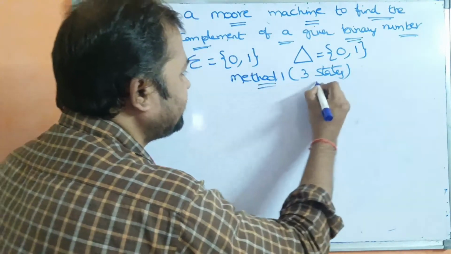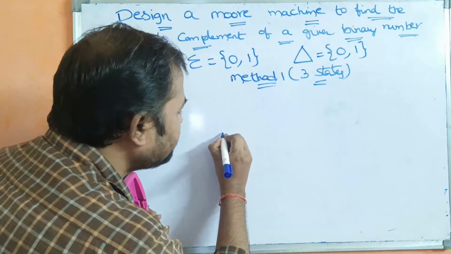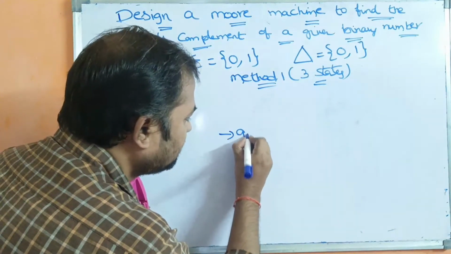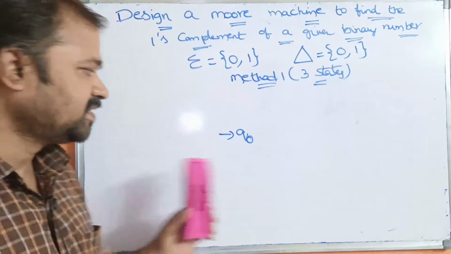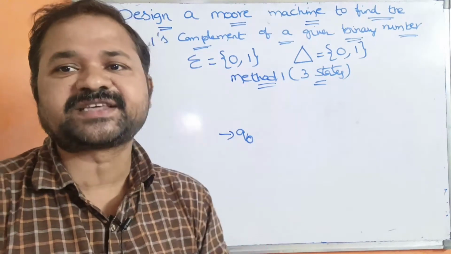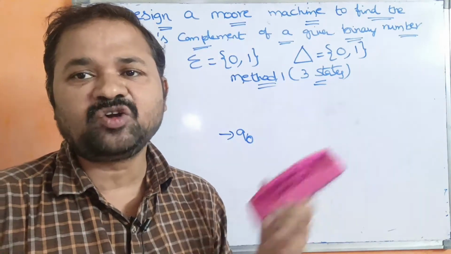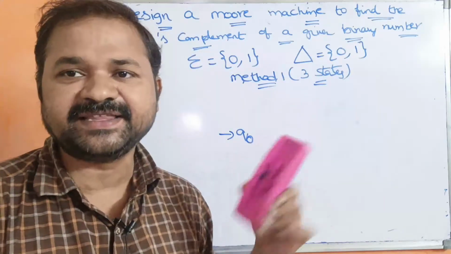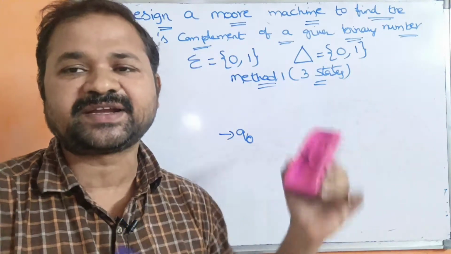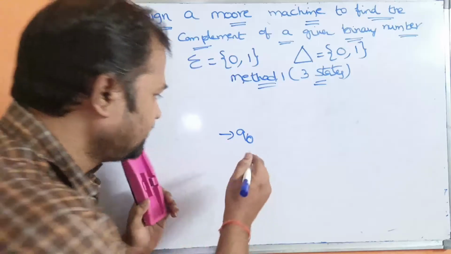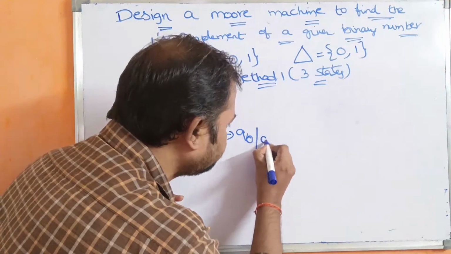By considering 3 states, let the initial state be Q0. Let the output of Q0 be 0. We can take the output of Q0 as either 0 or 1, and according to that, we can change the transitions.